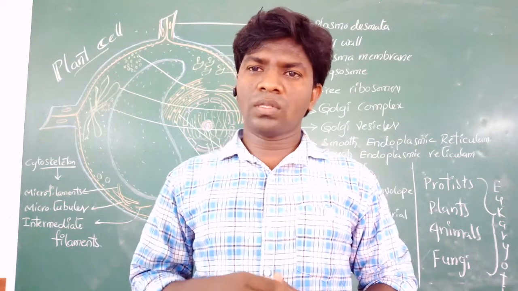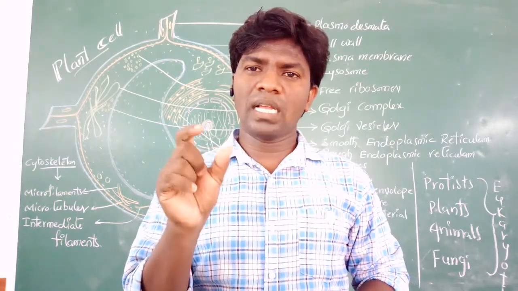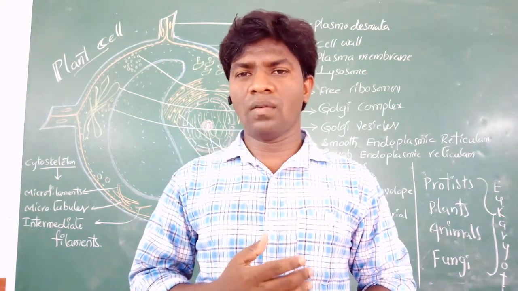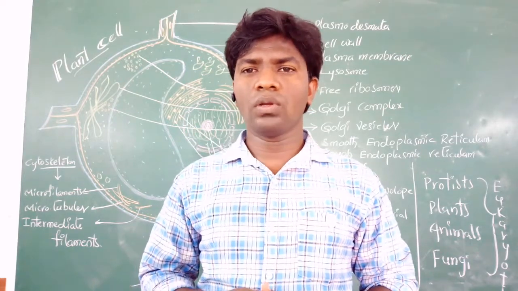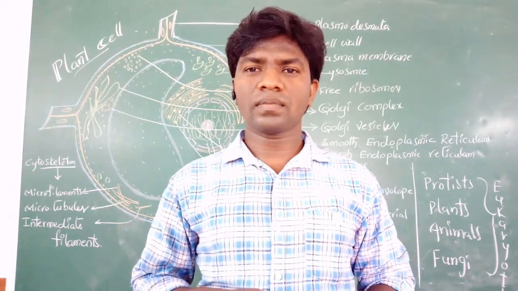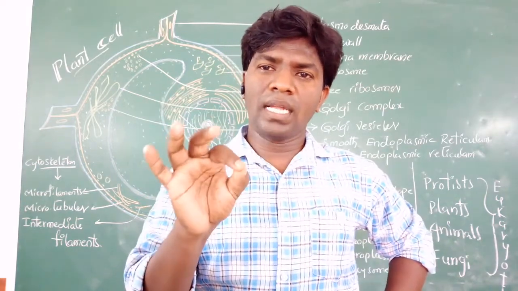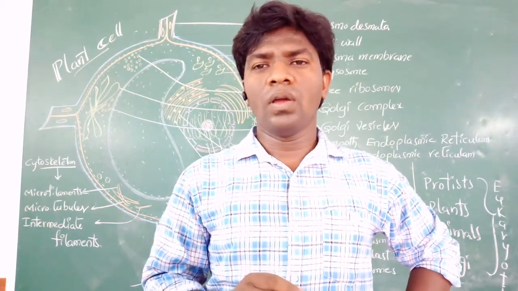The plant cell contains a cell wall; the animal cell doesn't contain a cell wall. We can see a big sized vacuole in plant cells. In animal cells, if they contain vacuoles, they are very small in size. Some animal cells don't have vacuoles.